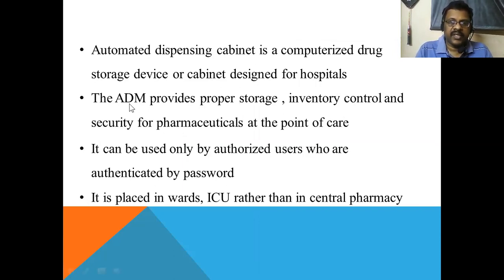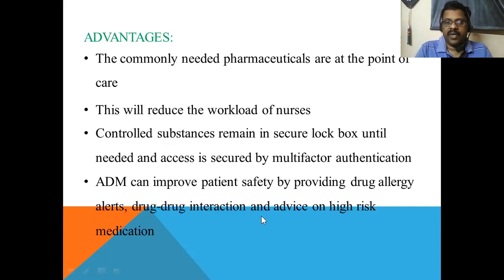The ADM provides proper storage, inventory control, and security for pharmaceuticals at the point of care. It can be used only by authorized users who are authenticated by password. It is placed in wards and ICUs rather than in the central pharmacy. So this is one way floor stocks are maintained nowadays.